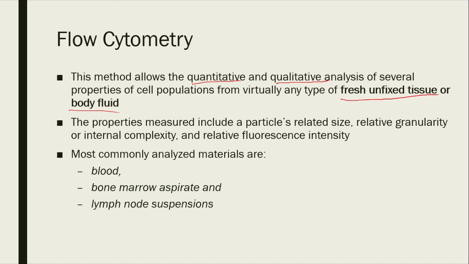You can take it out as fresh as it is, do very minimal sample preparation, and put it through the machine, and it will tell you the size, granularity or internal complexity, relative to the fluorescent intensities. Like I mentioned earlier on, blood, bone marrow, lymph node suspensions, all these liquids can be used for analysis, and they are very commonly used in hospital settings as well.